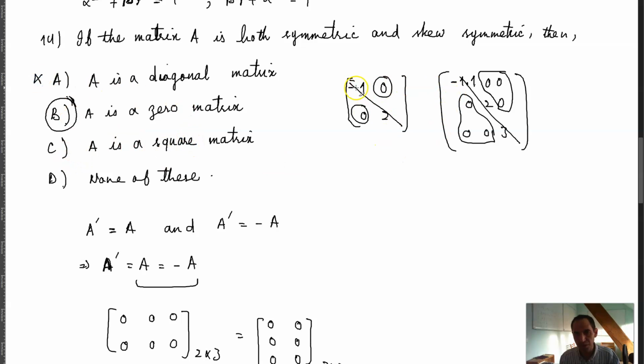For example, I can take this matrix, and the negative of this would be positive 1, 0, 0, and negative 2, which would not be the same matrix. So that doesn't work for diagonal matrices. And for a square matrix, the same story: A is not equal to negative A, and therefore it doesn't work for square matrices or diagonal matrices. It does work, however, for 0 matrices, and that's the end of the story.